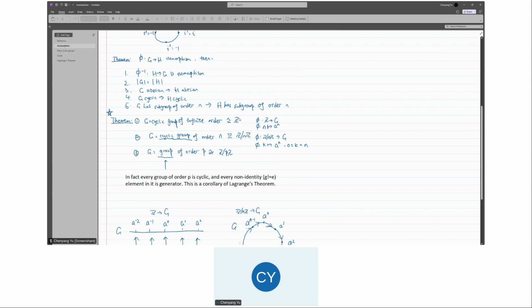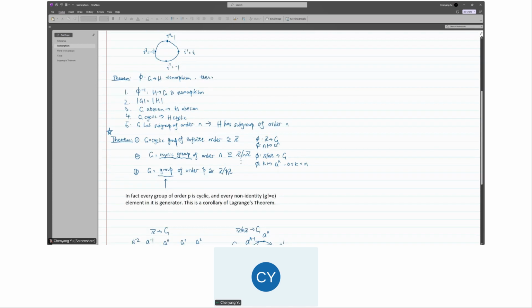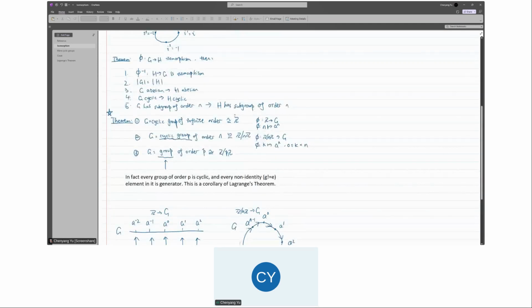If we study enough theory on Z mod nZ and Z mod pZ, we can apply the same theory to any other cyclic group because they are isomorphic. Their properties transfer. That's why these examples are important and we study them a lot.